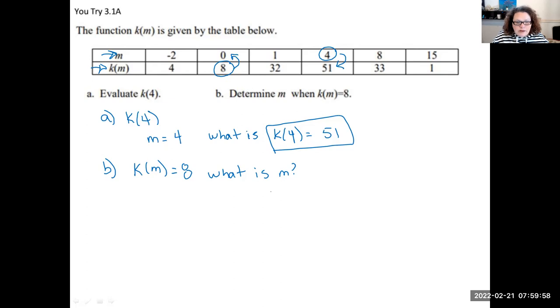So M equals 0. Therefore, the function K of 0 is equal to 8. So when M is 0, the entire function is 8. 0 is your independent variable or your independent number that you're plugging in to get your dependent 8.